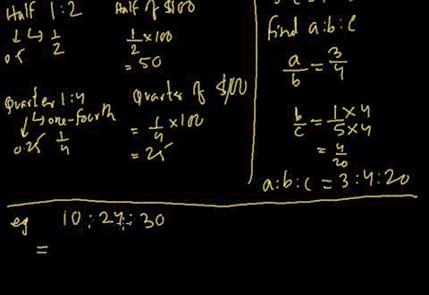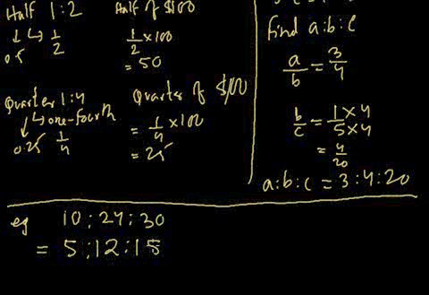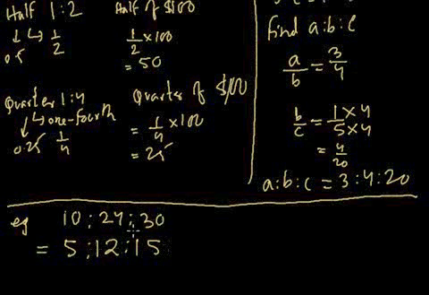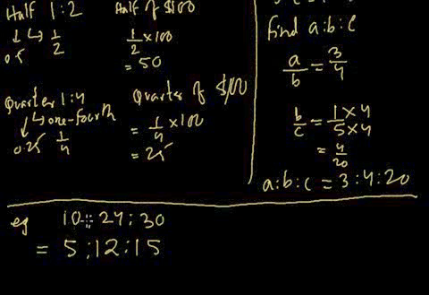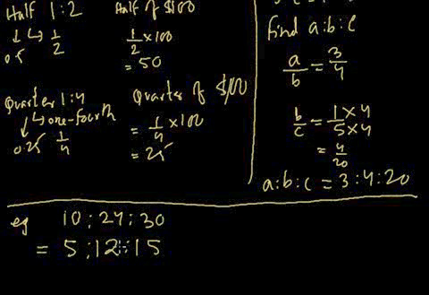So 3 is also out of the question. It seems we can divide this by 2. So 10 divided by 2 is 5, 24 divided by 2 is 12, and 30 divided by 2 is 15. Now we don't have any other number that goes for all these three. So the simplified version of these three ratios is 5 is to 12 is to 15.